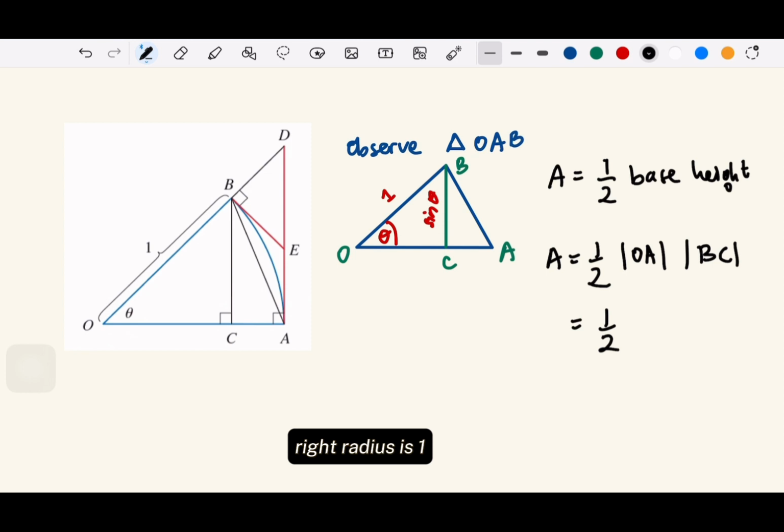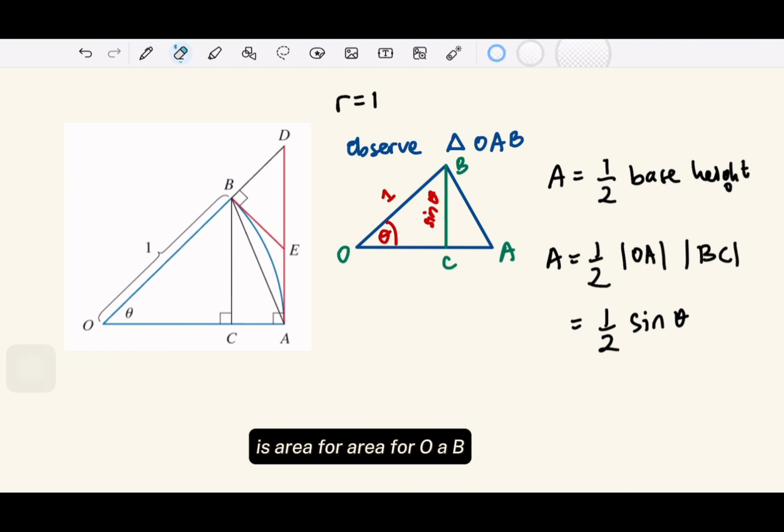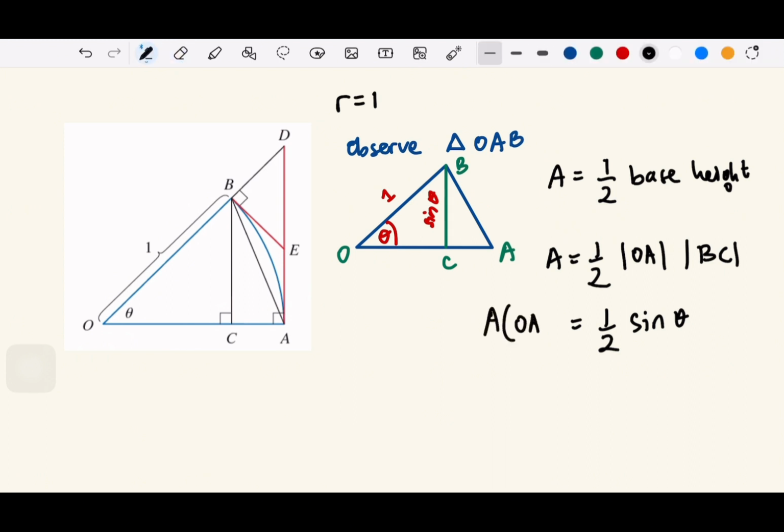BC is sine, so it's sine theta. So this is the area for OAB.